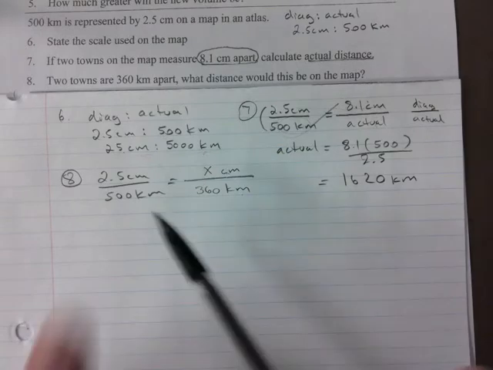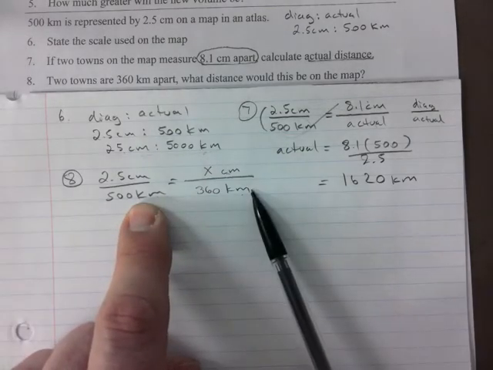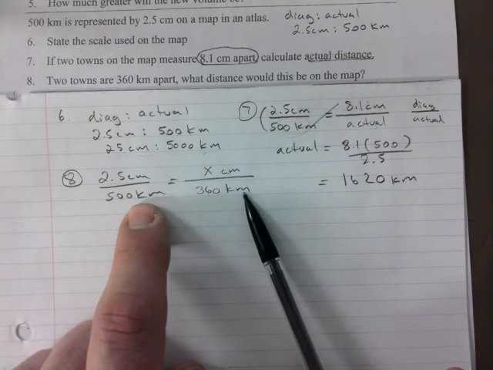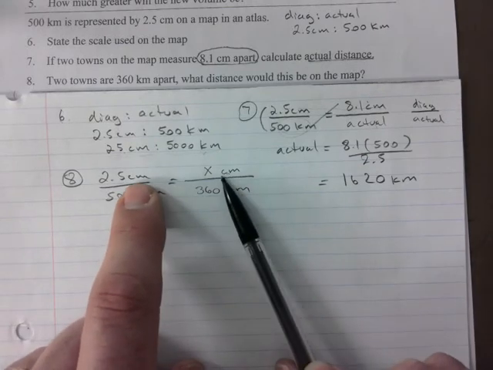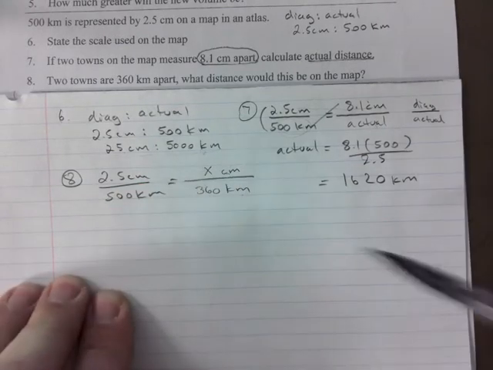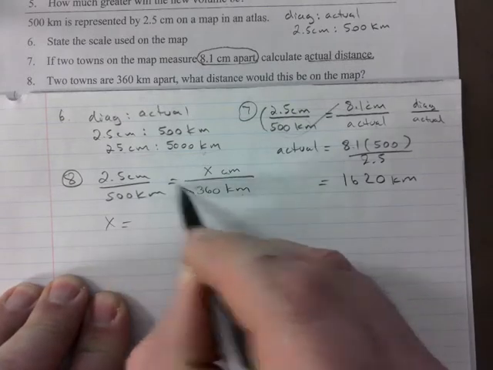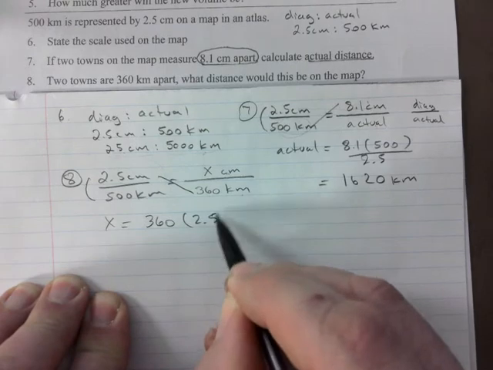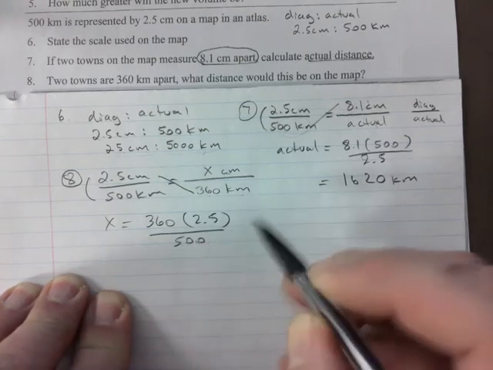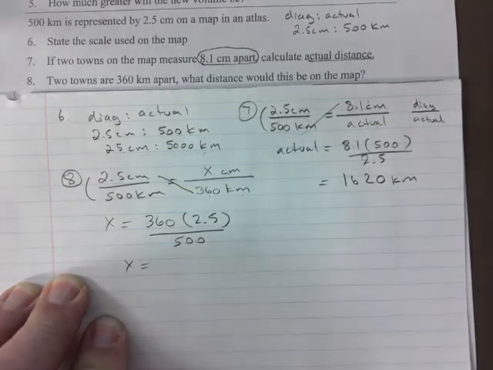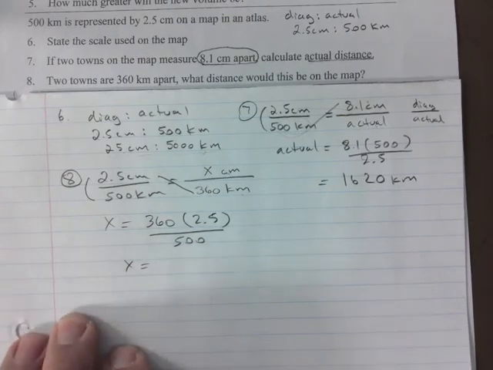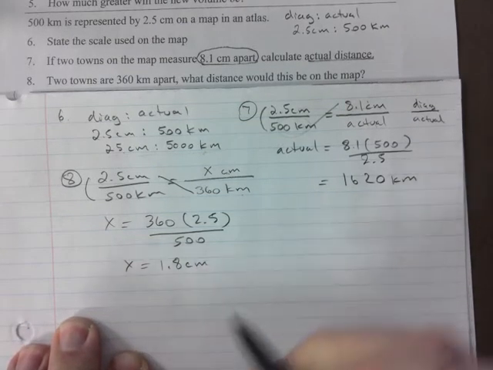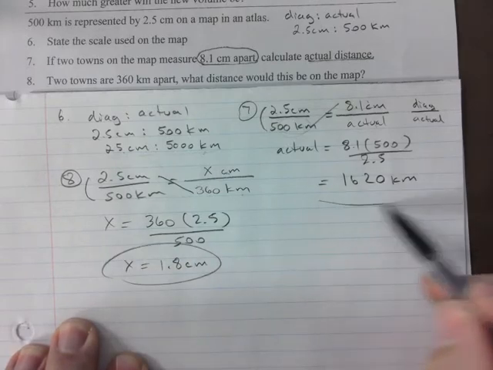Because then you're matching kilometers with centimeters. You can't have that, right? But because the units are the same, I'm leaving it, and I'm expecting my answer on top to be in centimeters. So you cross multiply and divide there. Divided by 500. And that is 1.8 centimeters. All right, so that's my answer there.